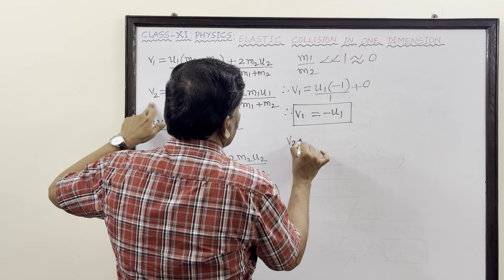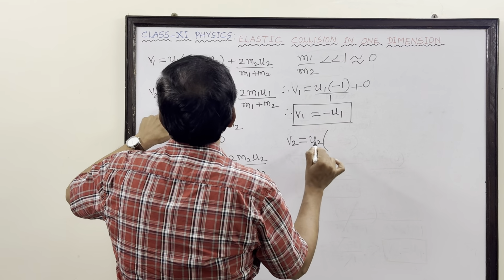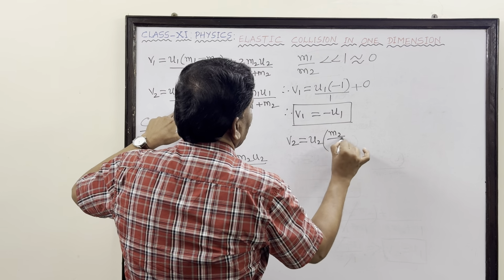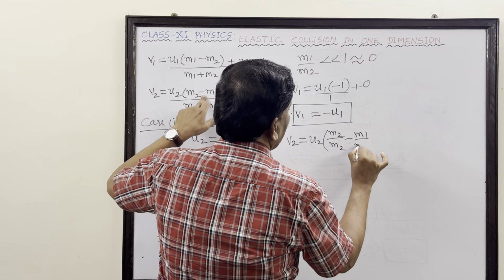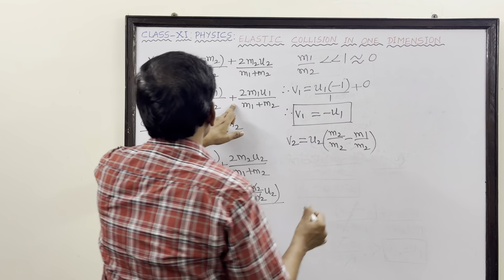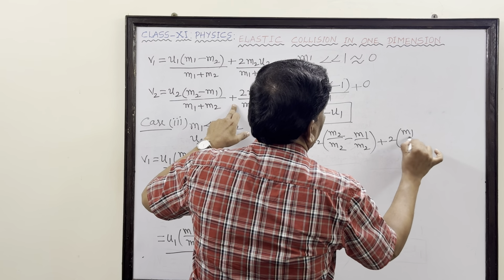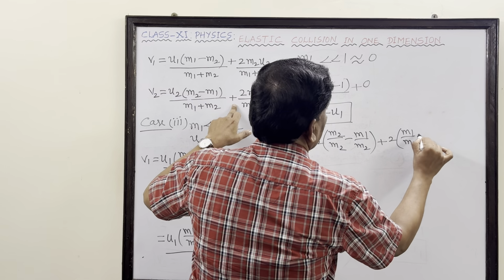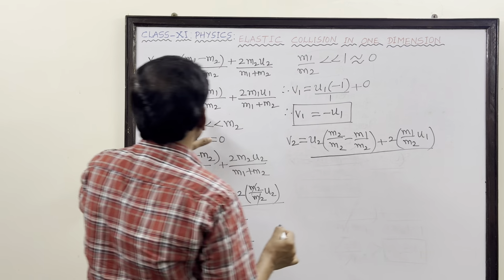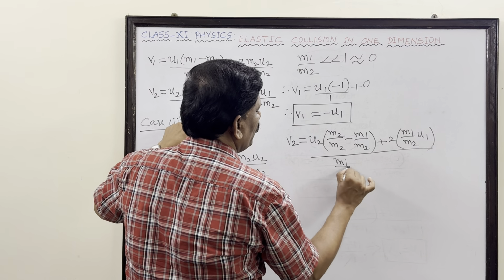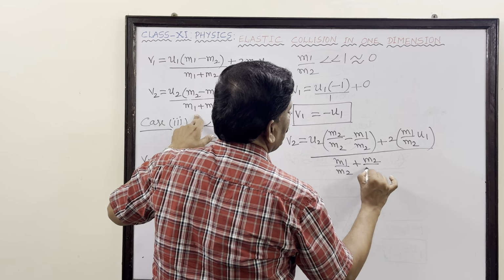So v2 is now equal to u2 into (m2 divided by m2 minus m1 divided by m2) plus 2 into m1 by m2 into u1, and this whole is divided by (m1 by m2 plus m2 by m2).